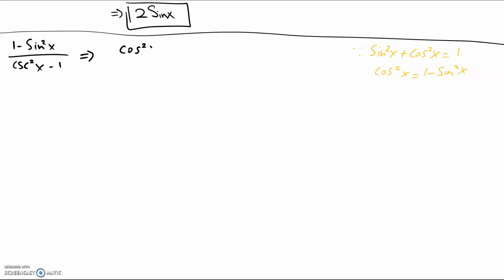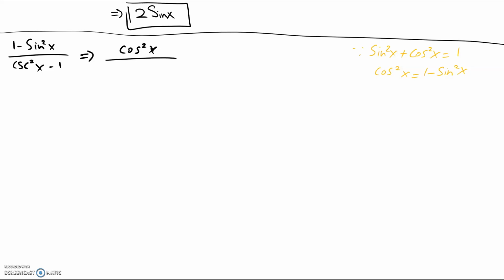It's going to be cos squared x over, now the denominator also has an identity. What is that identity? Pause this video and take a look at your Pythagorean identities and then figure out which identity you are going to use for the denominator.